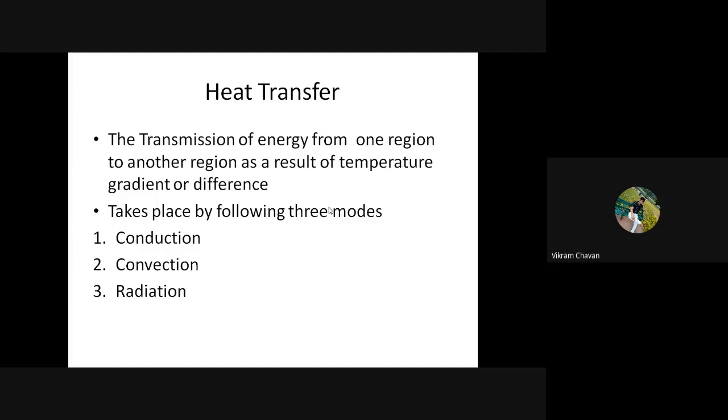I assume you have noted all the points from these slides, and we will study some points from thermodynamics also, so that we better understand the difference between heat transfer and thermodynamics.